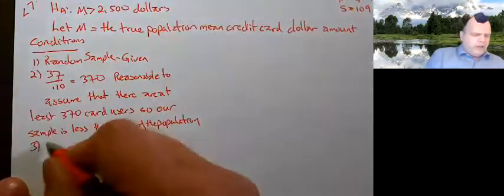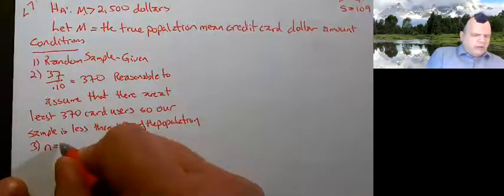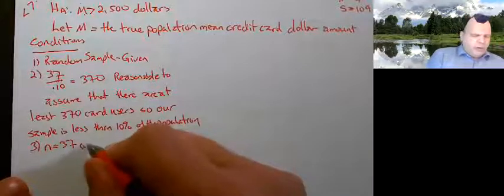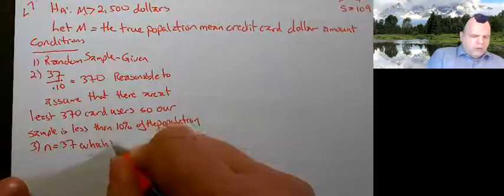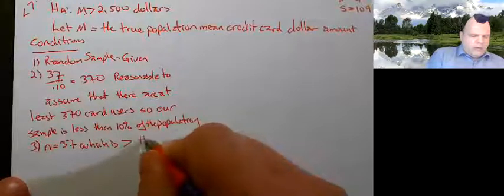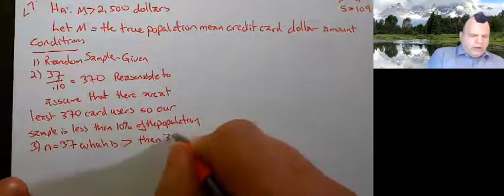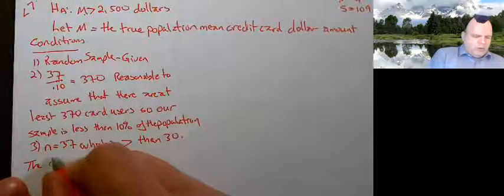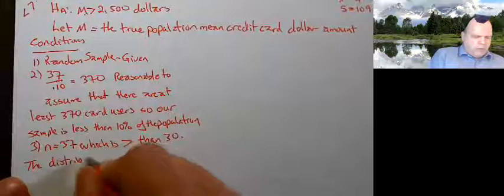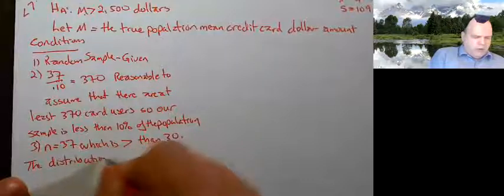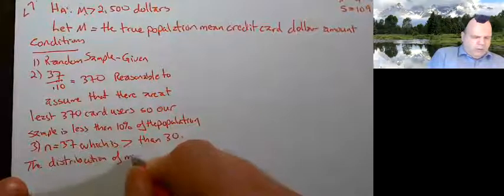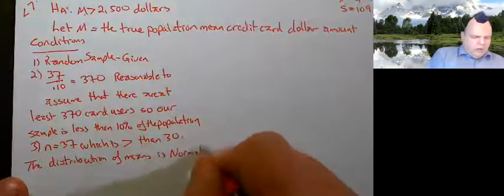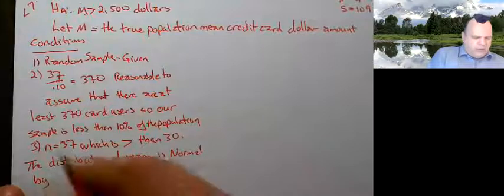In this case, that does apply because our sample size is 37, which is greater than 30. The distribution of means is normal by central limit theorem.